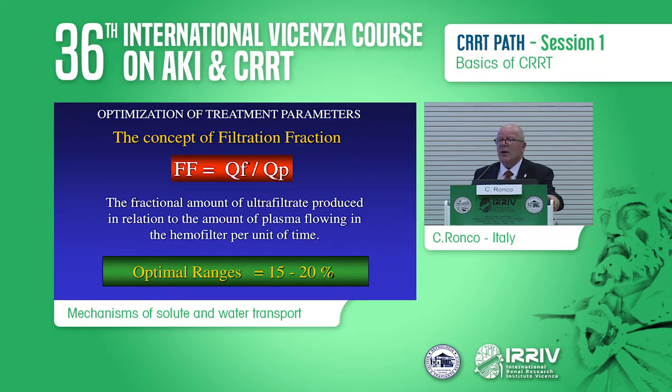Filtration fraction is one of the major determinants, because if you have high ultrafiltration rates in the presence of low blood flow, your filtration fraction goes much higher than the optimized 15 to 20%.